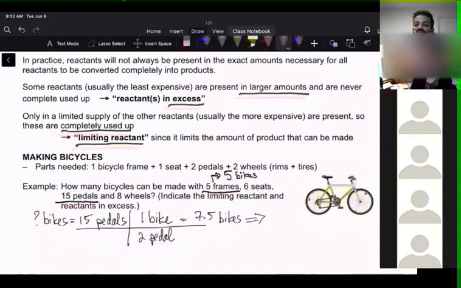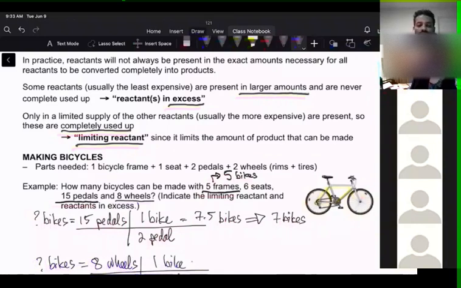So that means 7 bikes. However, there's only 5 frames, so we already know we're not going to be able to make more than 5. What about 8 wheels? How many bikes can we make from 8 wheels? Well, there's 2 wheels for 1 bike, so that means we could get 4 bikes that are complete.